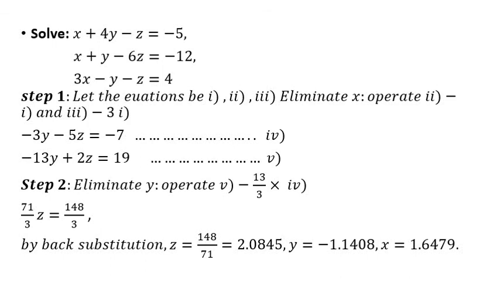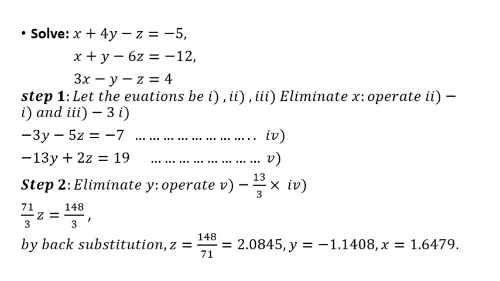So apply the row operation, or operate on the second and third equations with the first equation. Second minus first equation and third minus 3 times first equation gives minus 3y minus 5z equal to minus 7, minus 13y plus 2z equal to 19.